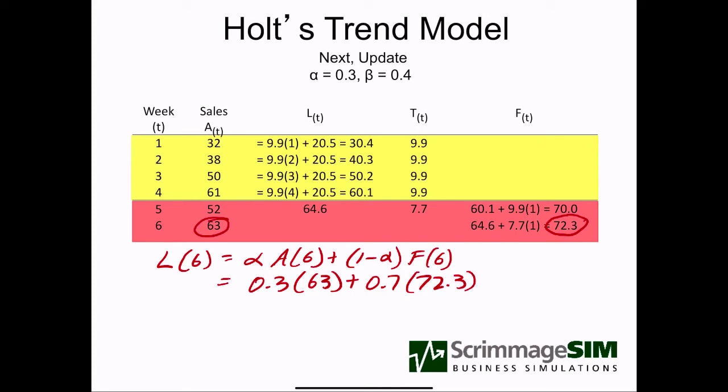Again, we're going to take 30% of what we just saw, but the bulk of the value for the level is what we thought it should have been, 72.3. We're going to adjust the level from 72.3 to 69.5.